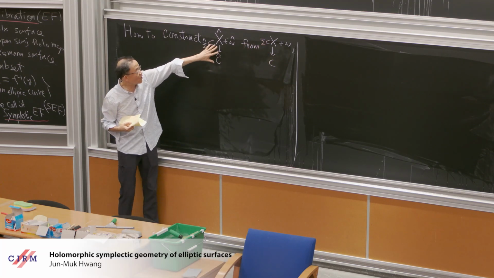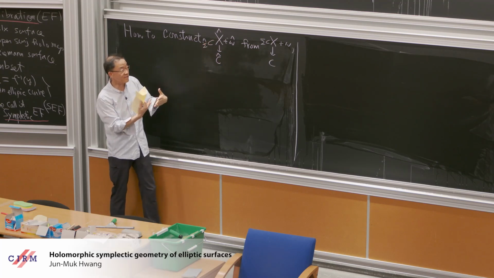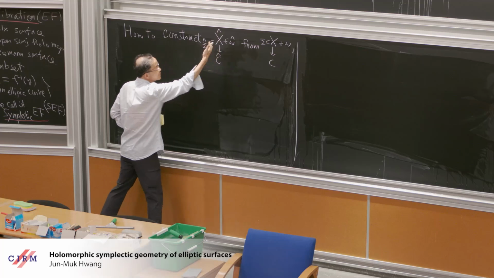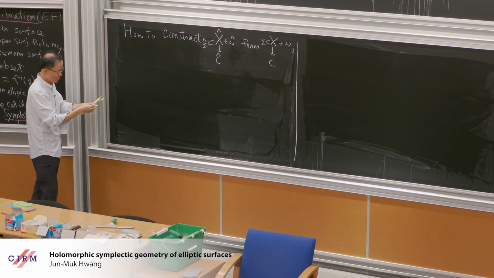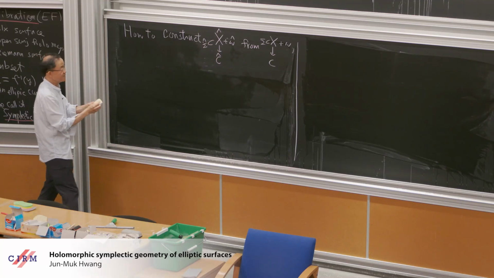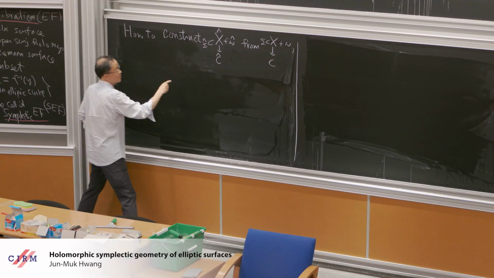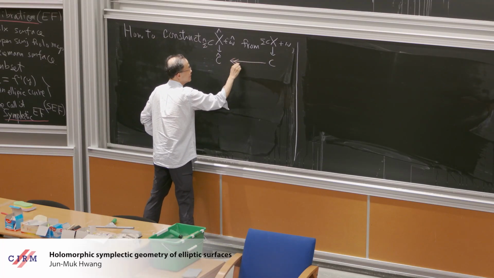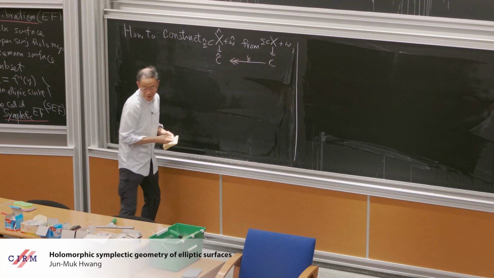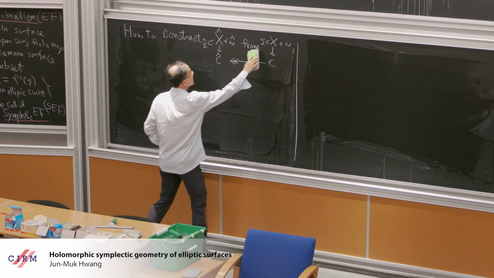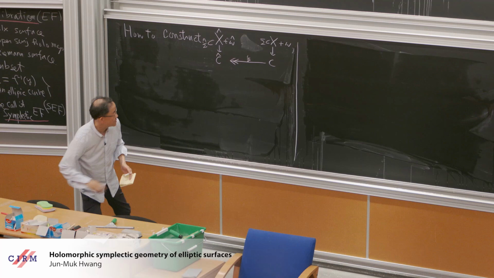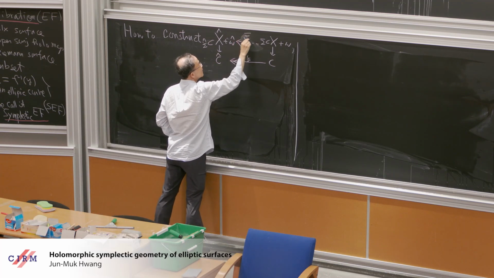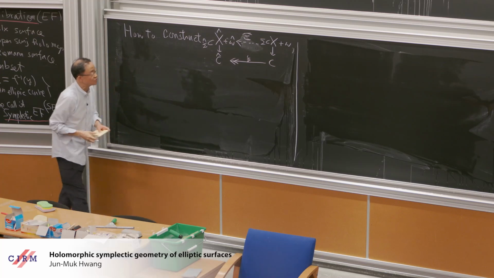You want to associate another one, which is a simpler object, some kind of reduction. And the construction is that, and it comes with some isogeny, the universal isogeny. That was the symplectic reduction.